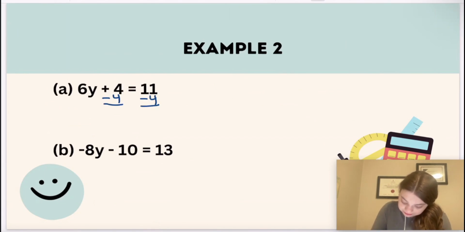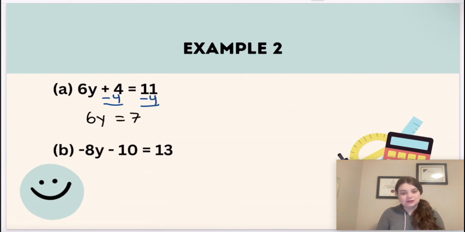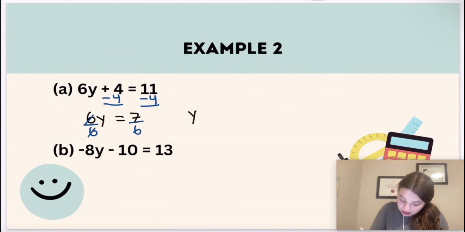And if I do that, I'm going to get 6y is equal to 7, because plus 4 minus 4 cancels. And then 11 minus 4 is 7. Then I'm going to divide both sides by 6, so that these 6's will cancel out, and I get that y is equal to 7 over 6.